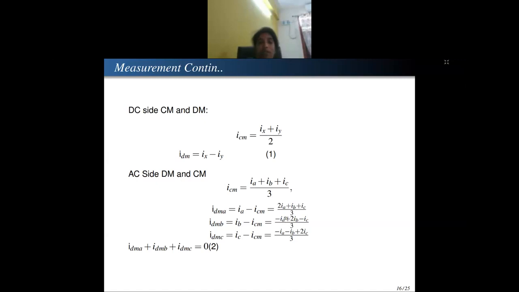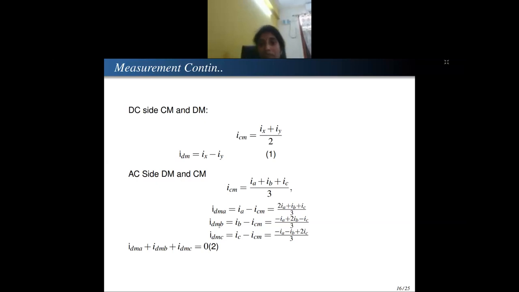The rest of the equations are correct. You just have to subtract the per-phase common mode component from the overall A phase component, then I will get my DM component. So this way, I can either measure on the AC side or on the DC side based on your interest.